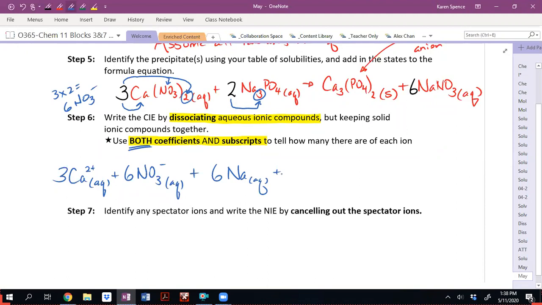The charge. I forgot the charge. Yep, absolutely. Remember, got to put that charge on there, okay? And then I have 2 of these. So is that going to be 12 PO4s? Wouldn't it just be 8? Would it be 8? Oh my gosh, would it be 8? Is it 8 PO4s?